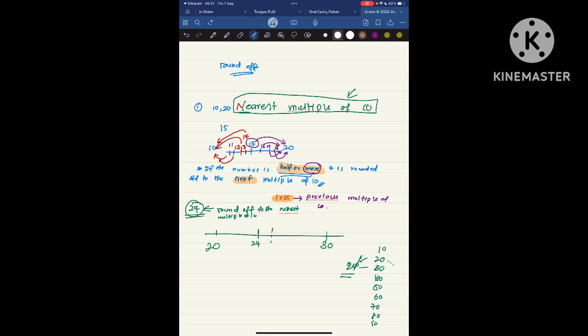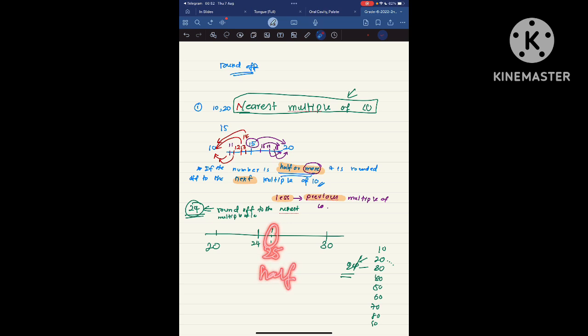If it is less, it goes to the previous. Here is the half. Is it half or more? No, it is less than the half. If it is less than the half, it goes to the previous number. If it is 25, it is the half.